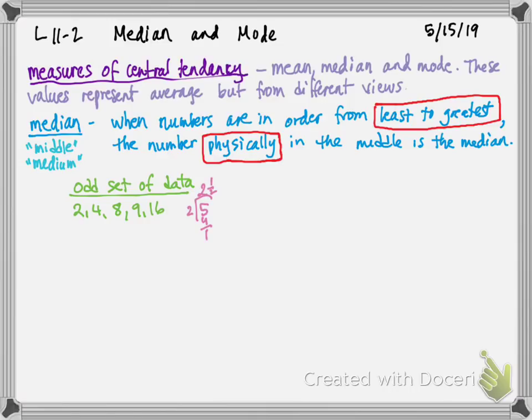So what that says is after I look at 2 numbers, the next number would be halfway between. So when I have an odd set of numbers, there's always a number from the data that's physically in the middle. So this would be your median. Median would equal 8.